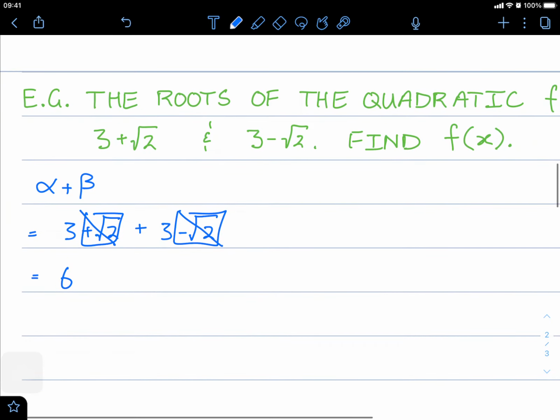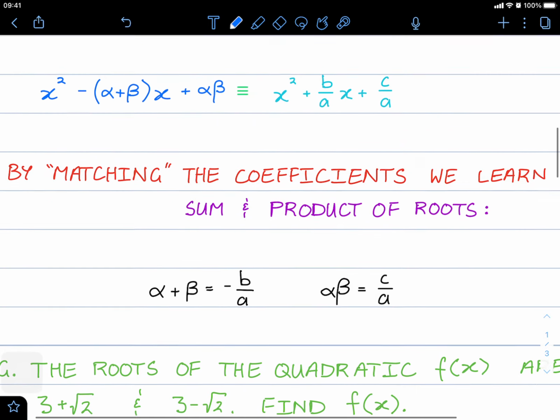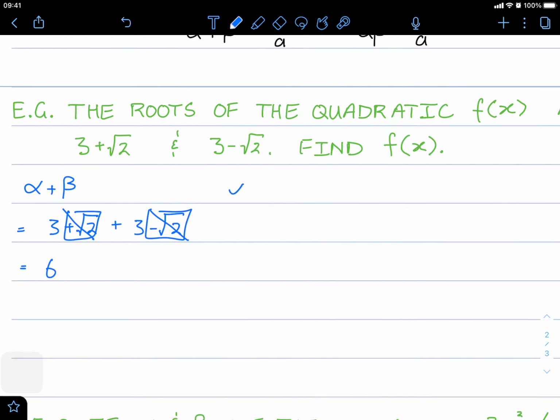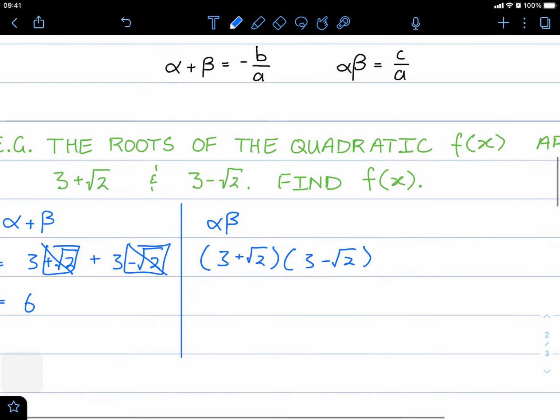Next, using alpha times beta, we can find the constant term. So alpha beta is going to be 3 plus root 2 times 3 minus root 2.